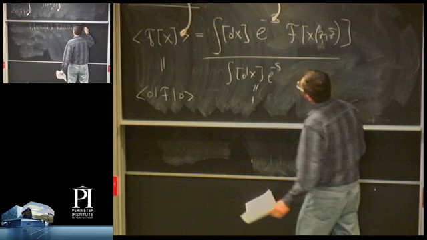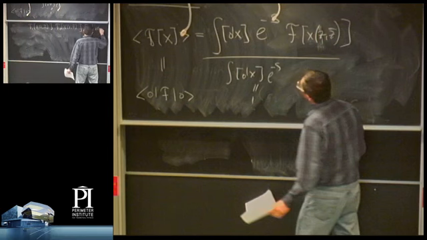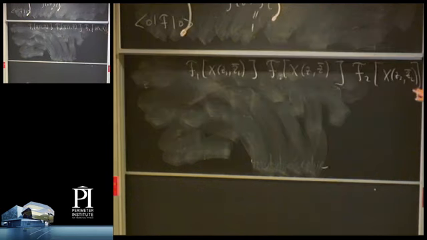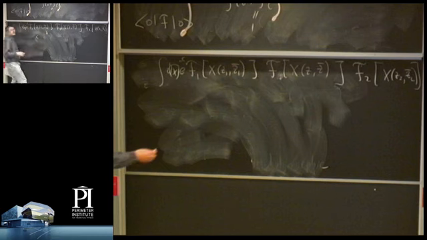F2 bar. And so what I'm doing, I can insert this in a path integral. One way to interpret it is as an expectation value of F1 times F2, and this is an expectation value in the ground state.